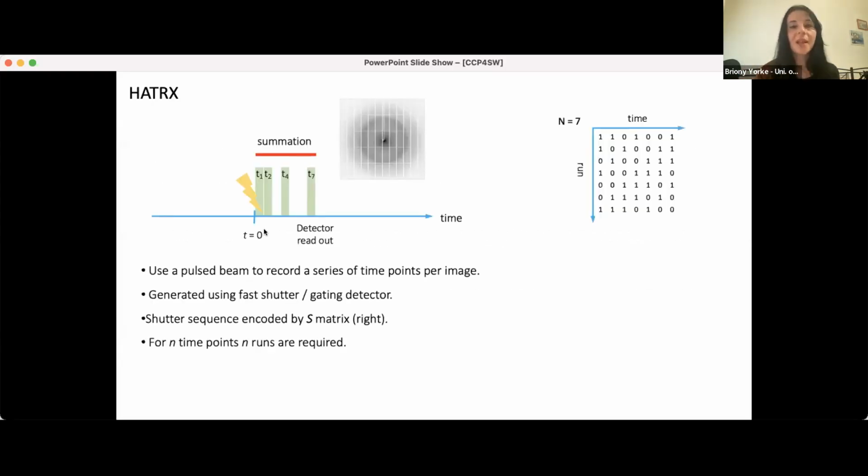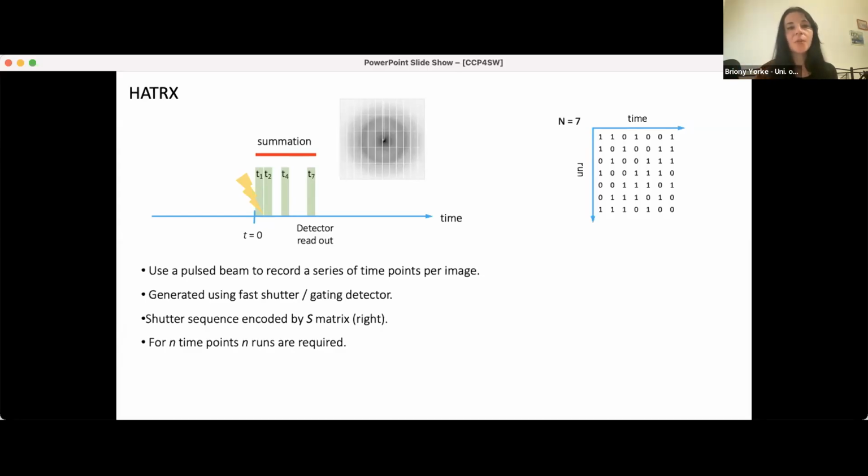So here is the basic setup for my multiplexing experiment. We've coined this HATRX, which stands for Hadamard time resolved crystallography. What we can do is use a pulsed beam to record a series of time points per image. Each diffraction image is now made up of 4 time points summed together.